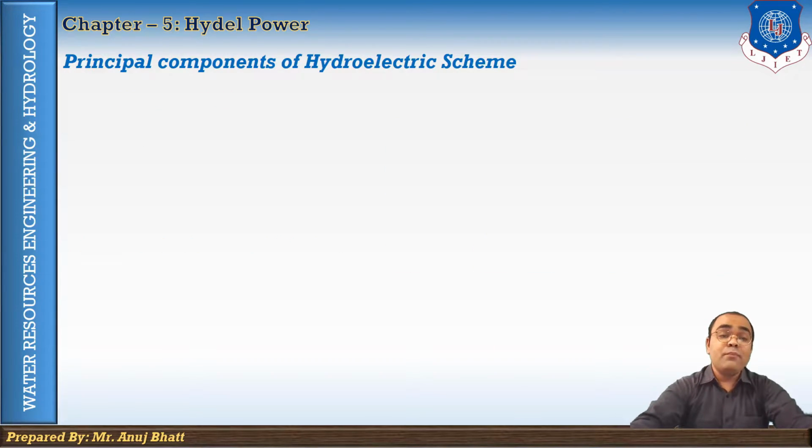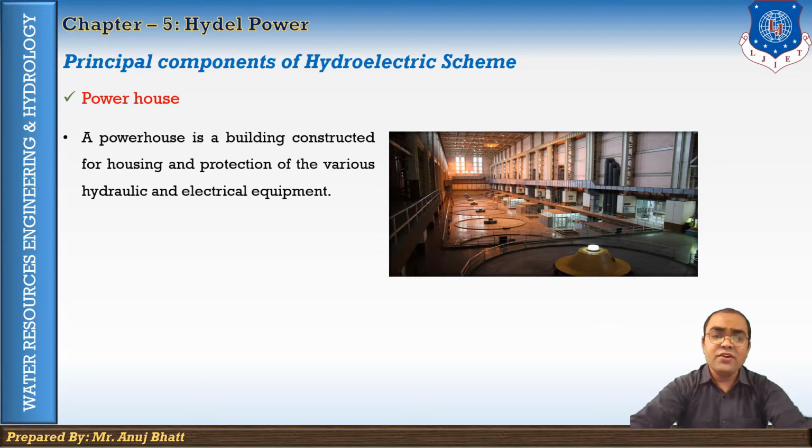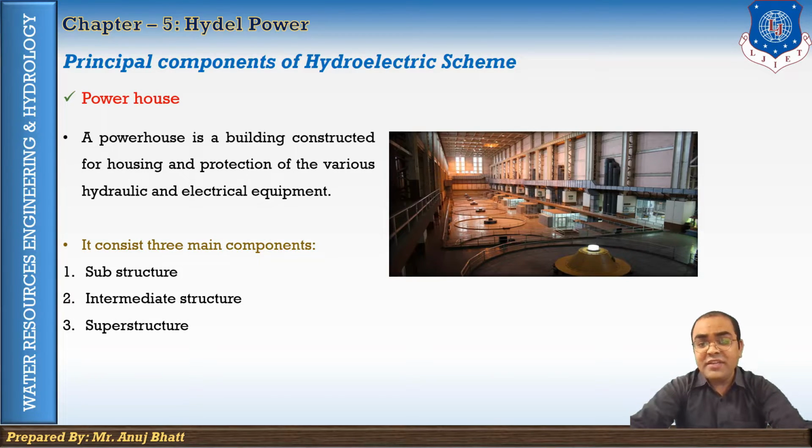The next component is the powerhouse. A powerhouse is a building constructed for housing and protection of the various hydraulic and electric equipments. The powerhouse consists of three main components: substructure, intermediate structure, and superstructure.